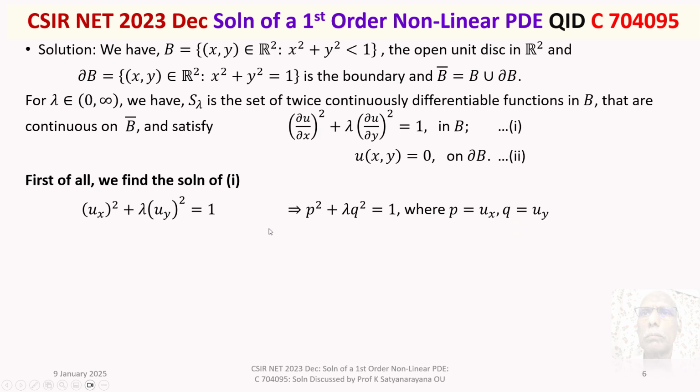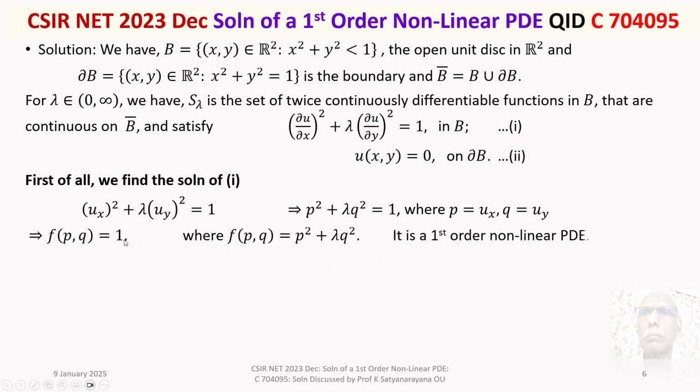Then this equation becomes p square plus lambda q square is equal to 1. That is f of (p, q) is 1, where f of (p, q) is p square plus lambda q square. It is a first order nonlinear, because of the square terms, partial differential equation. It is in standard form 1.